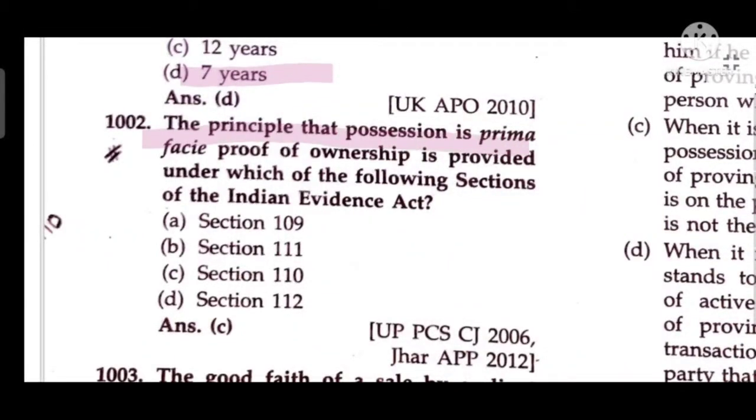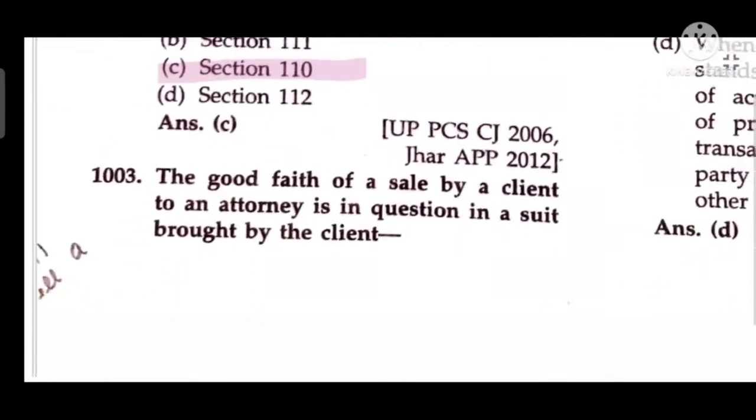The presumption that possession is prima facie proof of ownership is provided under which one of the following sections of the Indian Evidence Act? Section 110.